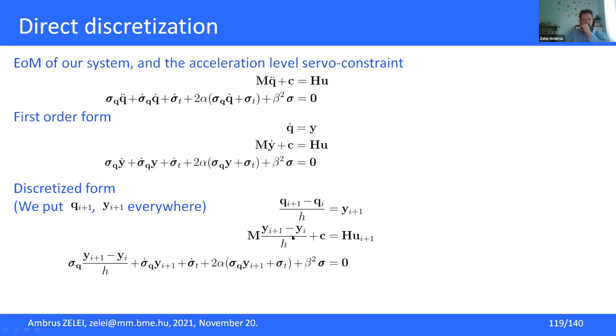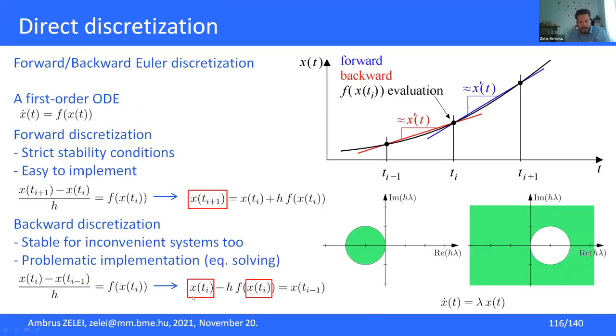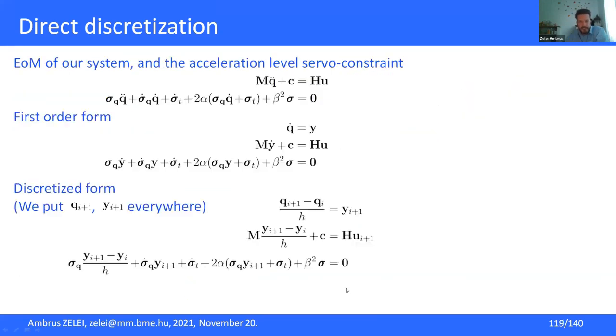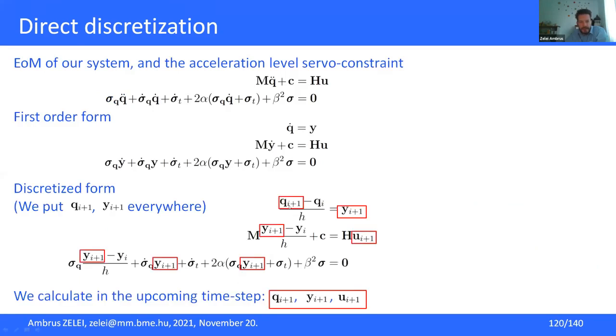The problem is that, as we said before, we have to solve a very ugly nonlinear algebraic problem. These are the unknowns in the system: the q, the velocity, and the control input in the upcoming time step. But actually, these terms also appear everywhere in the system, also in the mass matrix and in the sigma.